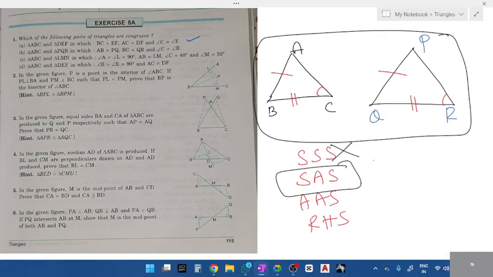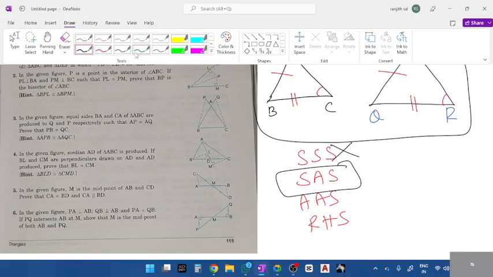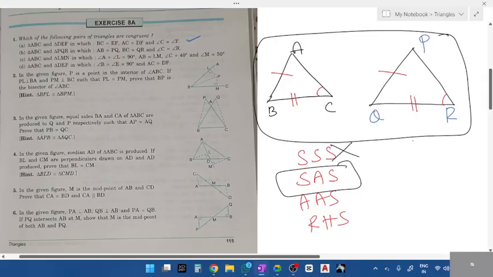How is it in the center? First question. Who told this? Bhargavi? It's not congruent.